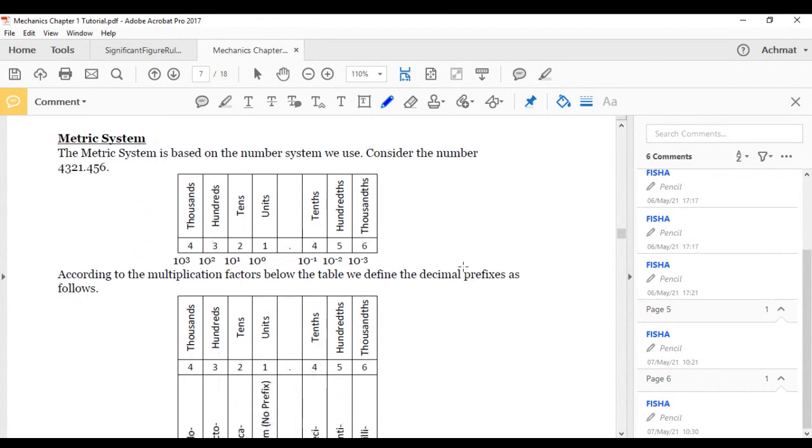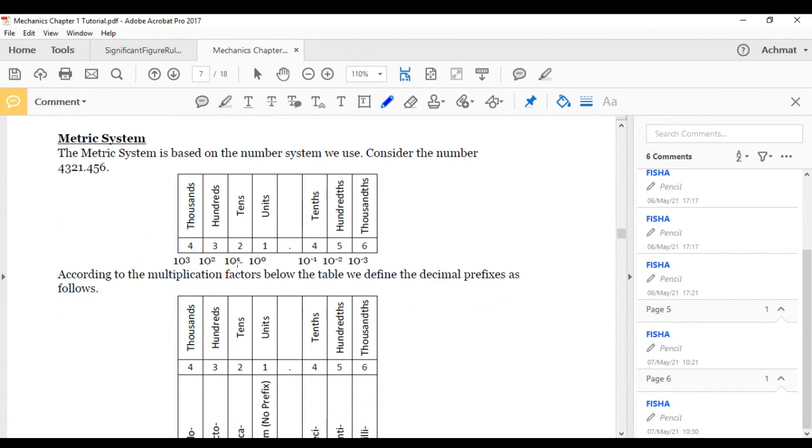Okay, now let's continue. If you look at these things in the unit set, if we speak about units, that number is multiplied by 10 to the 0. 10 to the 0 is 1. So 1 times 10 to the 0 will give us 1.